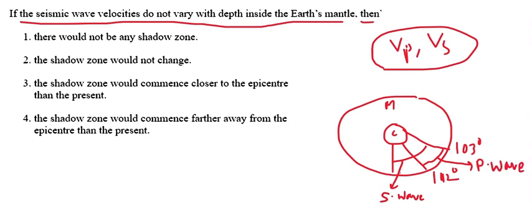This forms when there is a change in the density of the material. But in our question there is no change in the density of the material, so we will not get these shadow zones. So our correct option is that there would not be any shadow zone. The other options, which say change in shadow zone, are wrong, because shadow zone depends upon the density of the material.